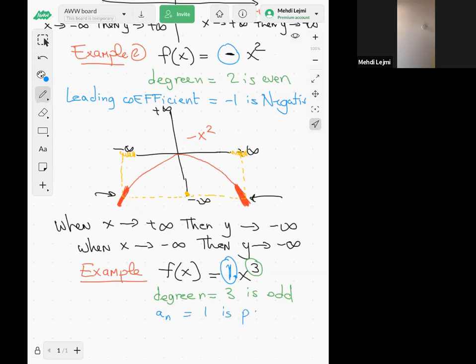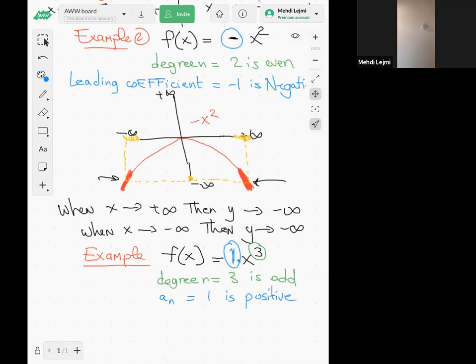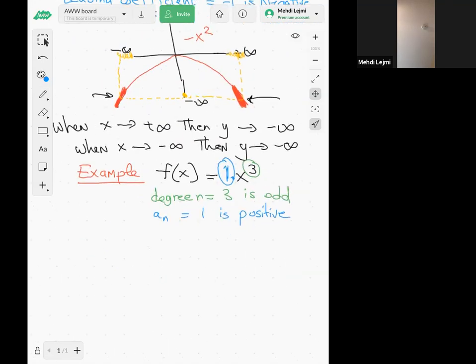All right. So what's the graph of x cubed? Here's the graph of x cubed. Again, we are interested in positive infinity and negative infinity. The graph of x cubed would be like this. All right, so this is my x cubed. And now what happens at infinity?